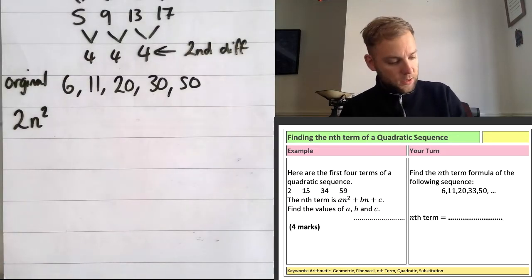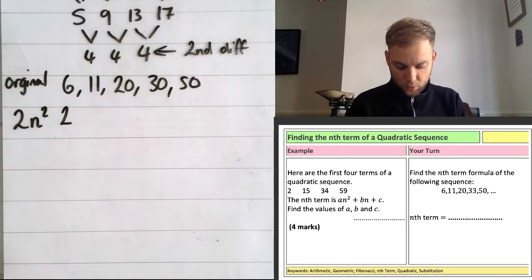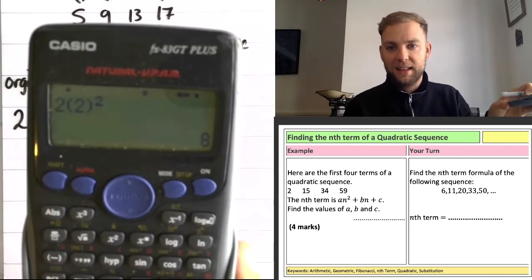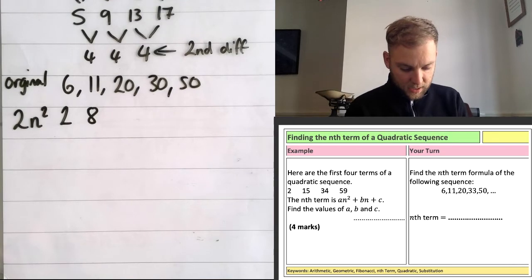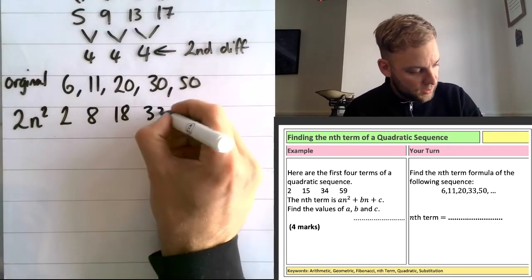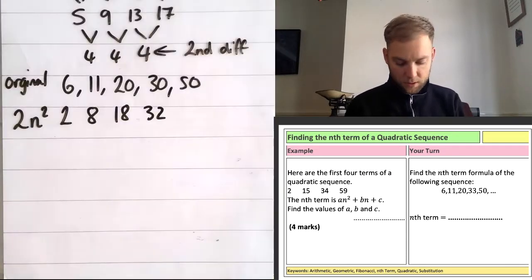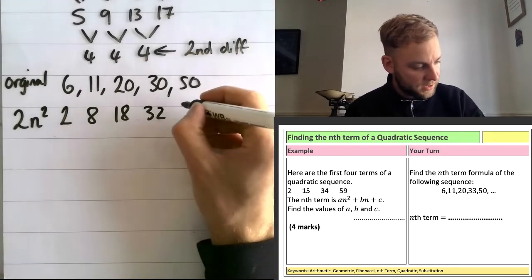Which is going to be 2. 2 times by 2 all squared, which is 8. 2 times by 3 all squared, which is 18. 2 times by 4 squared is 32. Remember, I'm using the mini brackets there. Last one, 2 times by 5 squared, which is 50.